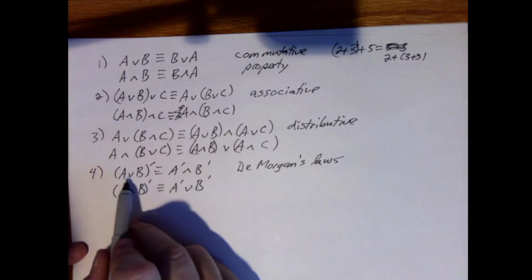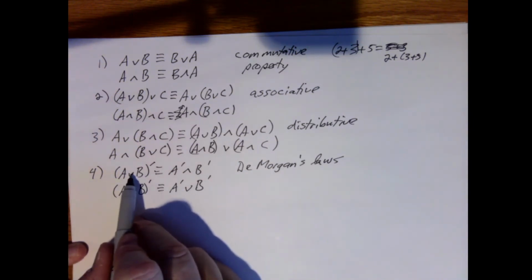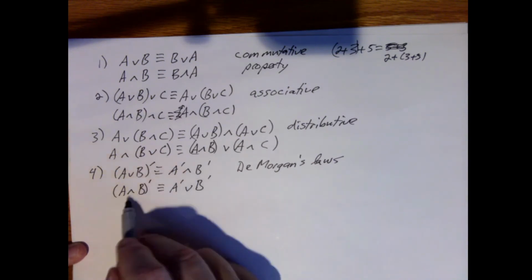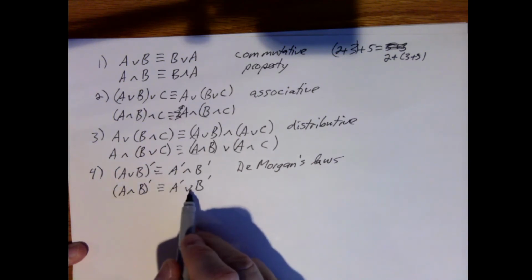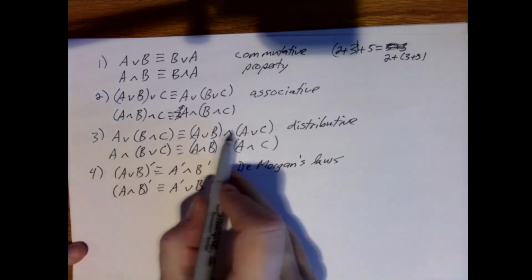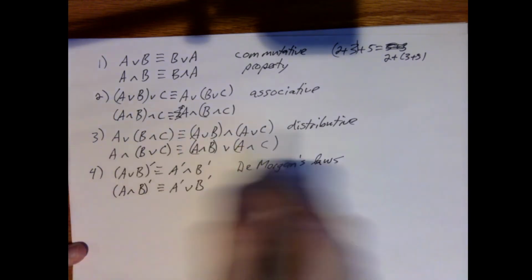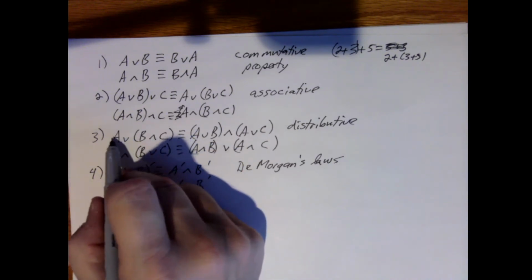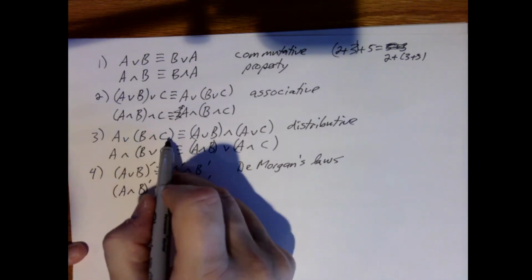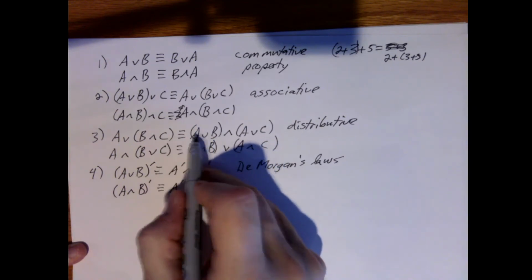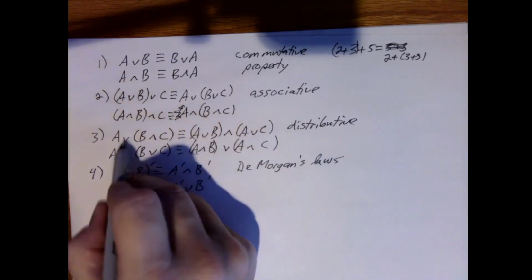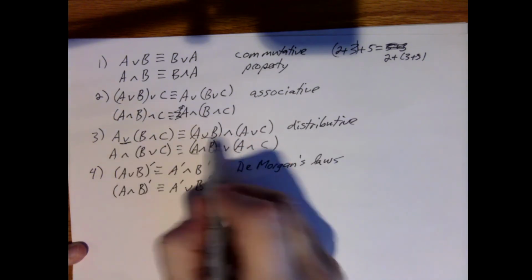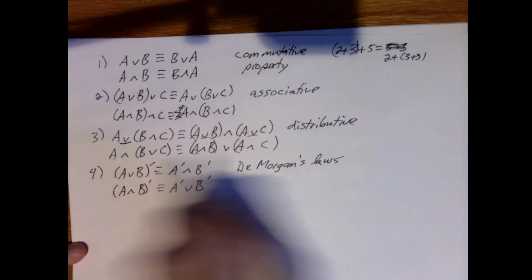Notice on these, if I have or inside here, then when I push the negation inside, it becomes an and, and when there's an and here, it becomes an or over here. Also pay attention on this. The way I remember the distributive ones is I think of multiplication and addition. If I had A times (B plus C), then it becomes A times B plus A times C, right? The same symbol here is the one that goes here, whether it's and or or.